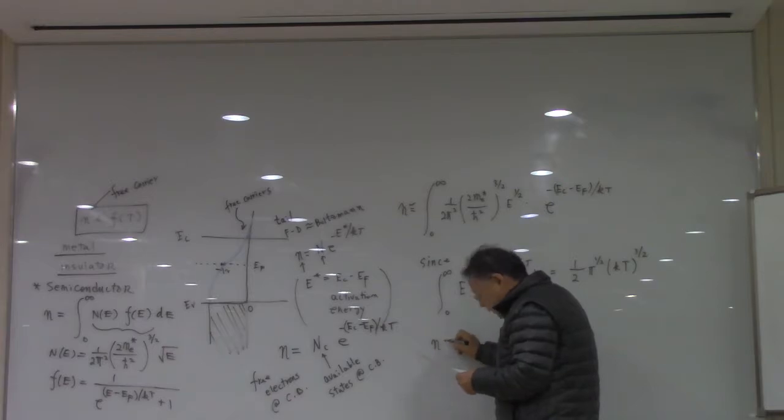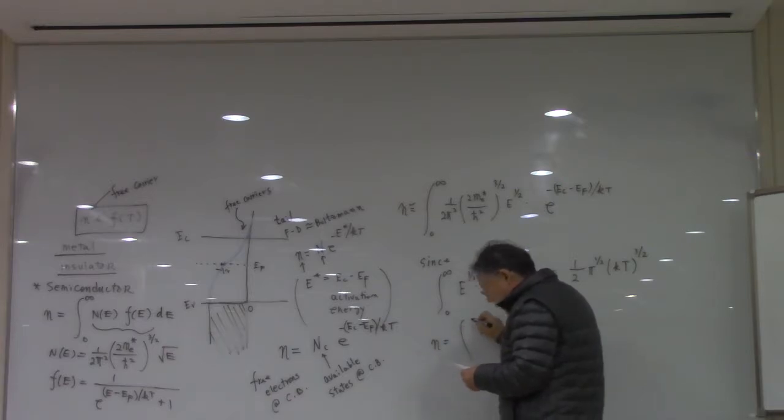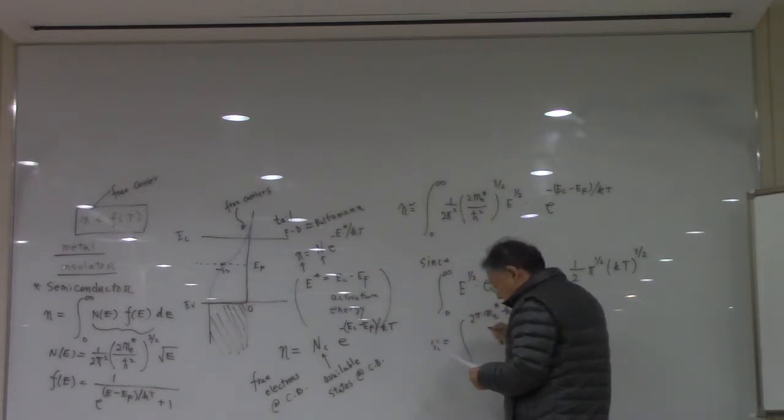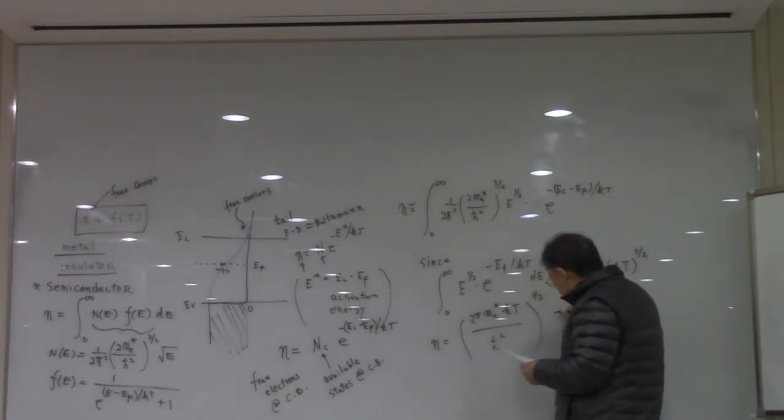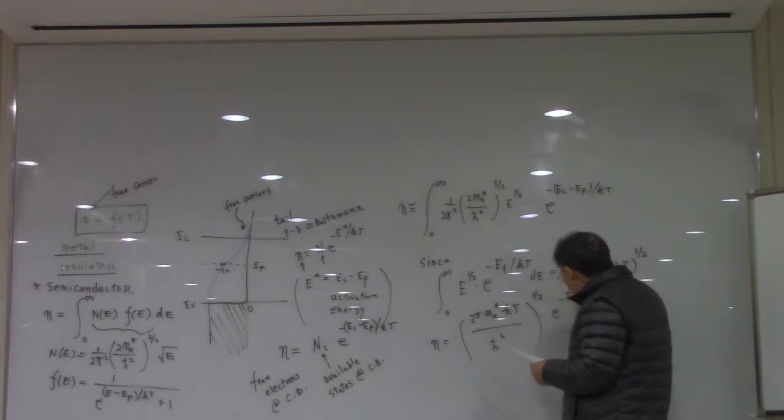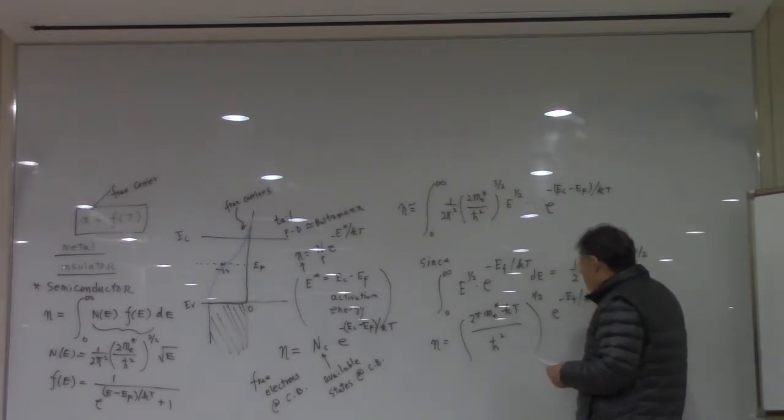And n is 2 times (2 pi m_e* kT over h-bar squared) to the 3/2 and e to the minus E_a over kT.